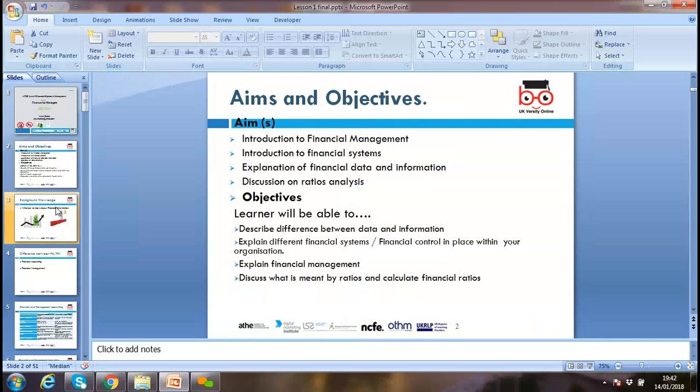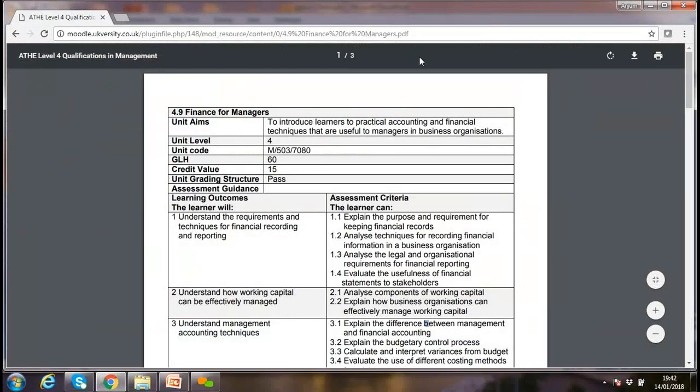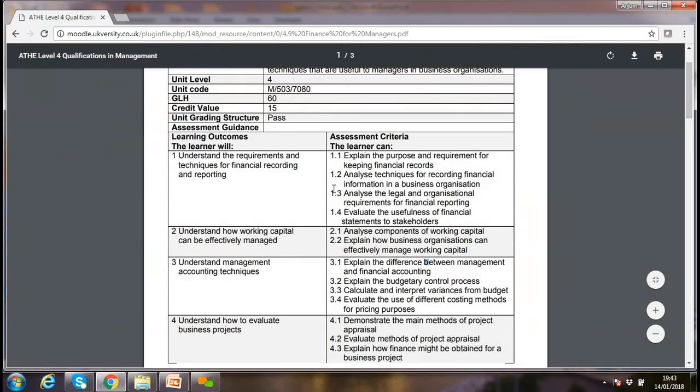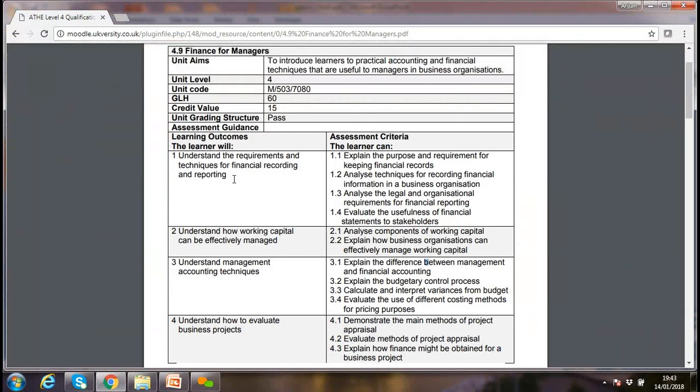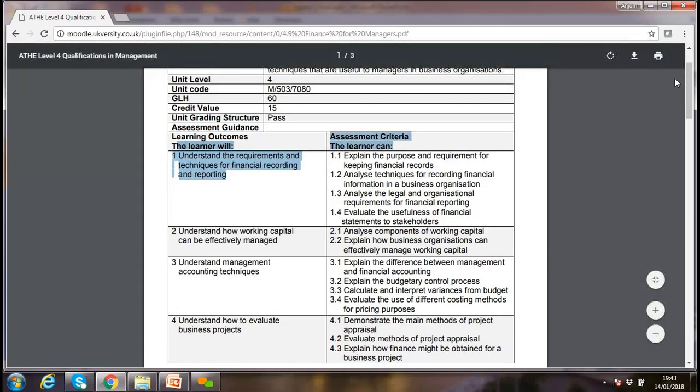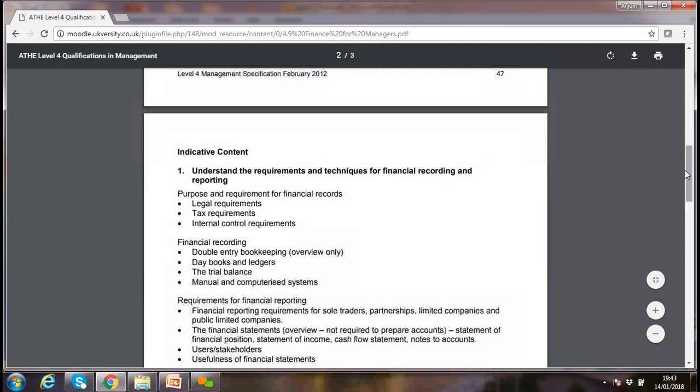Okay, so today's lesson we are going to start. The title is Finance for Managers, and today our lesson will be focused on LO1, which is Learning Outcome 1: understand the requirement and technique for financial recording and reporting. I wish that by the end of the lesson we achieve our objective. We'll discuss legal requirements, why we need to prepare the financial record. We'll go through some tax requirements.